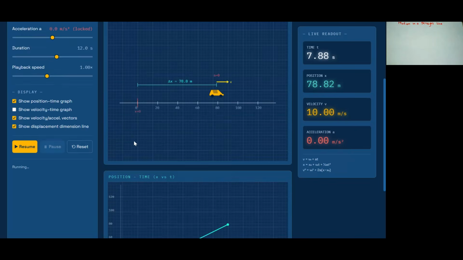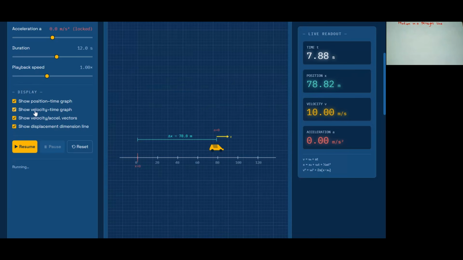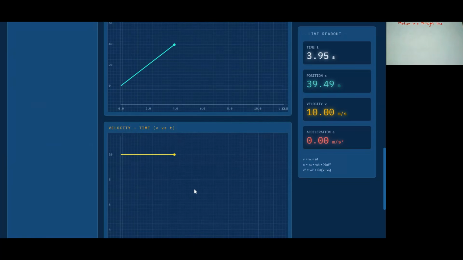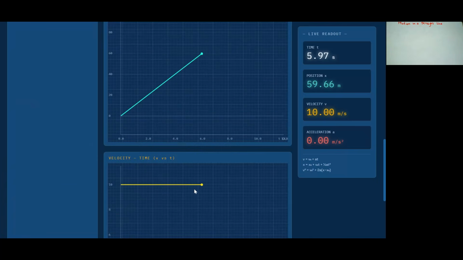Now we can recheck the velocity-time graph, reset, and run again. Now you can see another graph. Clear? So watch both graphs together. The position-time graph is a still tilted line.